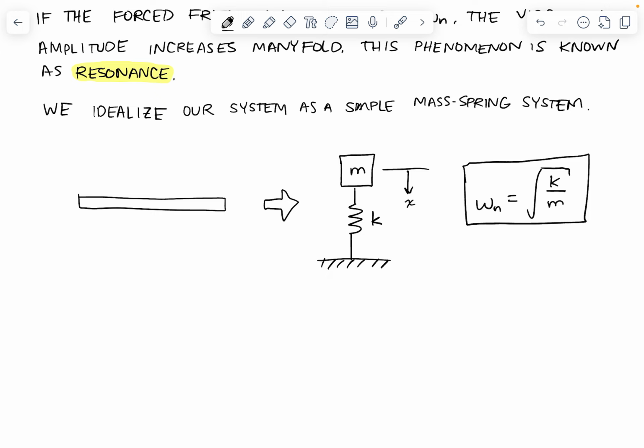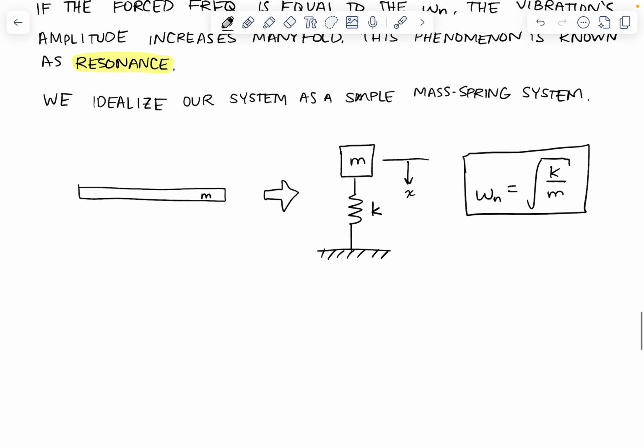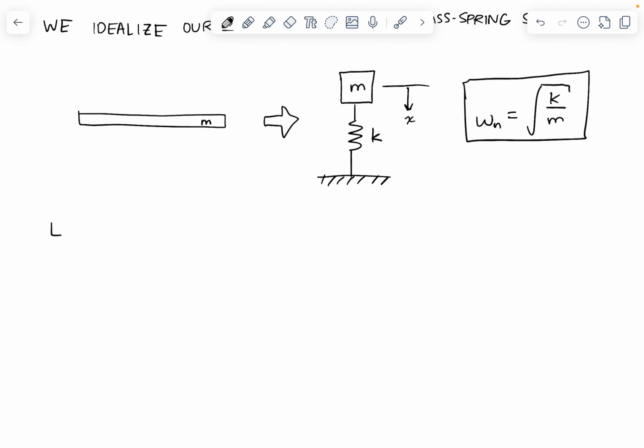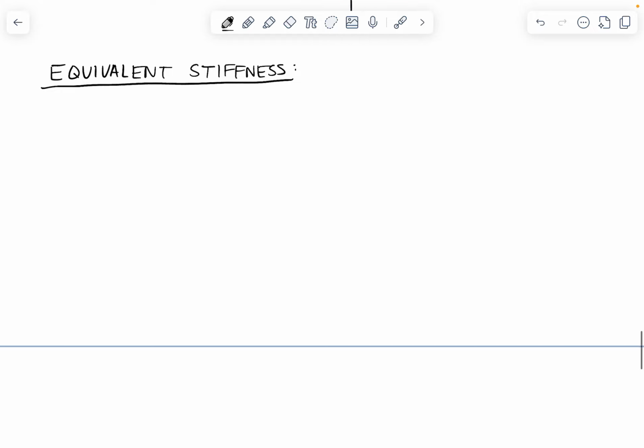So the mass is just the mass of this shaft, but now how do we get to an equivalent stiffness of this shaft? That's going to depend on the loading and the constraints that are imposed on your shaft. We'll go over just a few different types. There are many more than this, but here are 3 of the common ones.